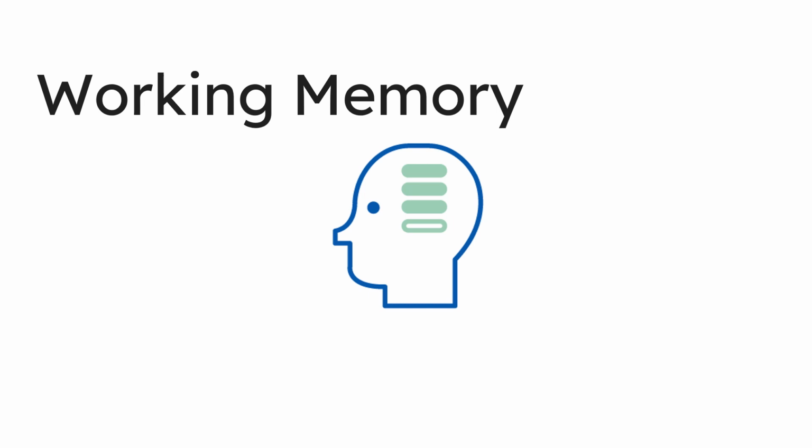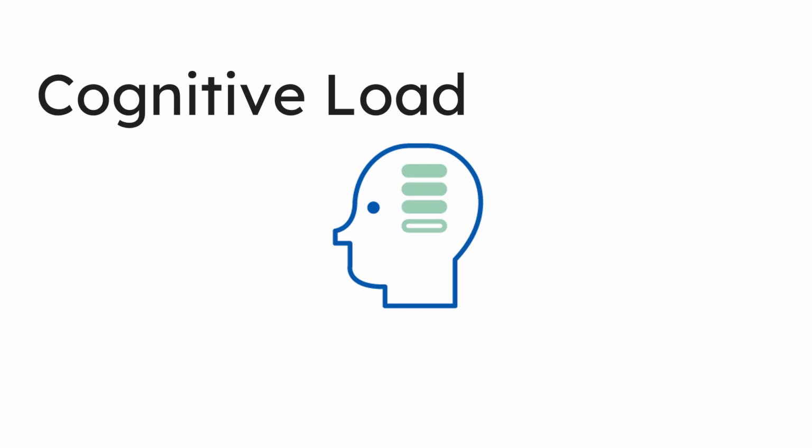So one example of working memory is when you're listening to a story and you're actively processing the story elements in real time, while at the same time remembering and sequencing earlier parts of the story. Another example of working memory is when you're making sense of new information by connecting it to background knowledge in your long-term memory. Now, the amount of working memory that's being used is called your cognitive load.